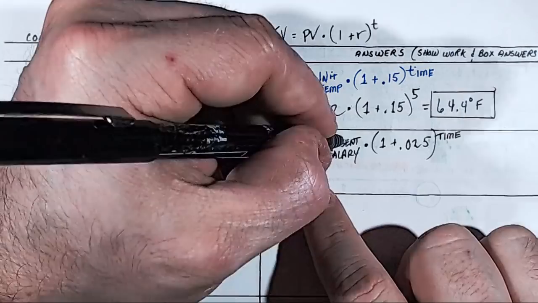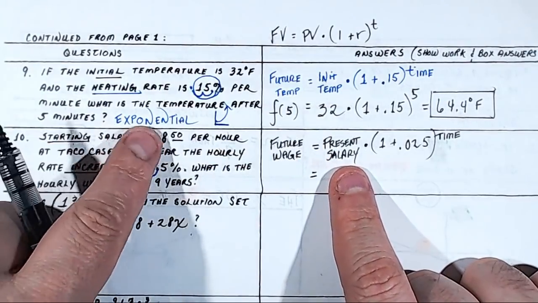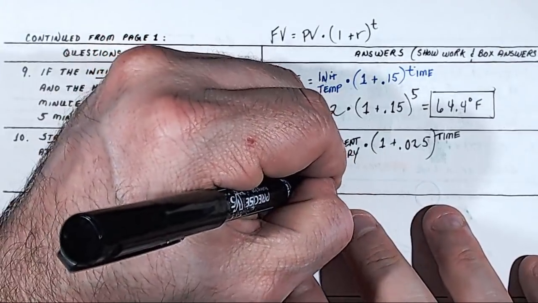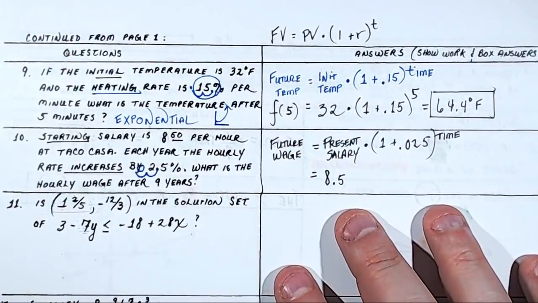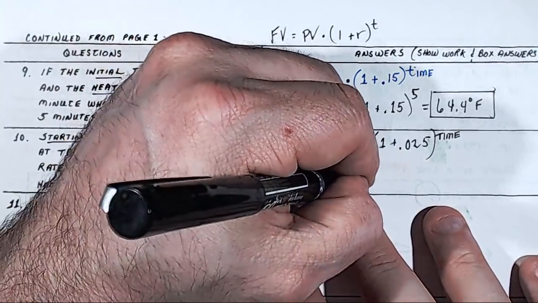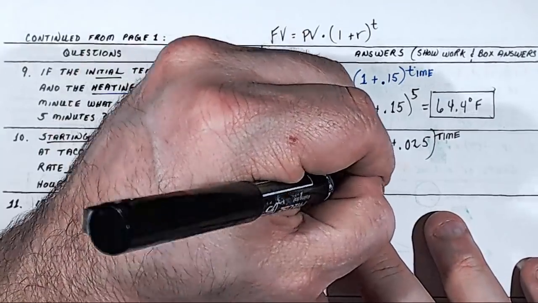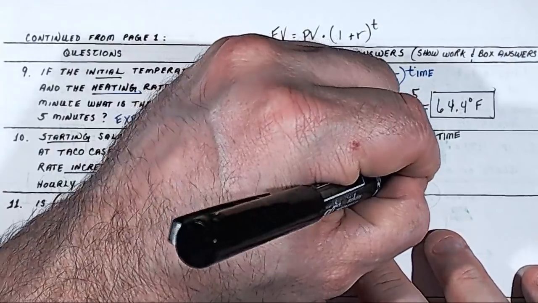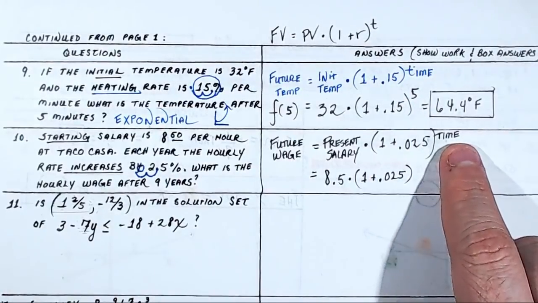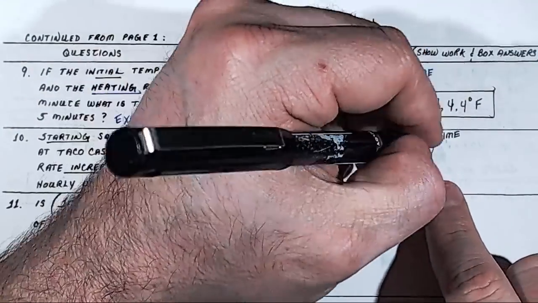So now we'll just put in future wage is equal to the present or starting salary, which is $8.50 per hour, okay, times, open parentheses, 1 plus 0.025, close parentheses, and then for time, I actually want to put 9 for 9 years.